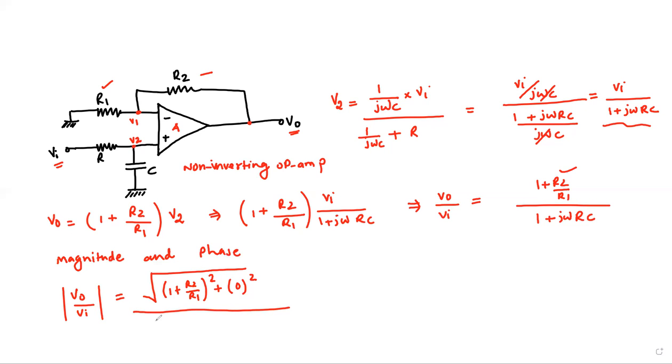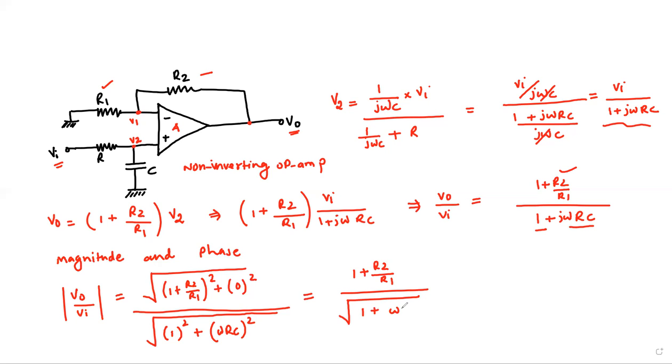And what we have in the denominator, again, we have a real part equal to 1. So square of 1 plus square of the imaginary part, which is omega RC square. And we try to solve this. So it comes out to be divided by square root of 1 plus omega RC whole square.